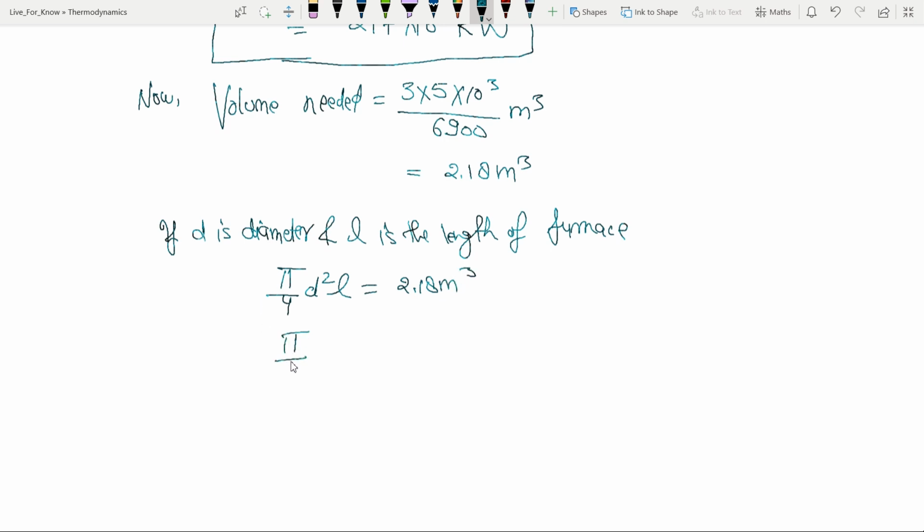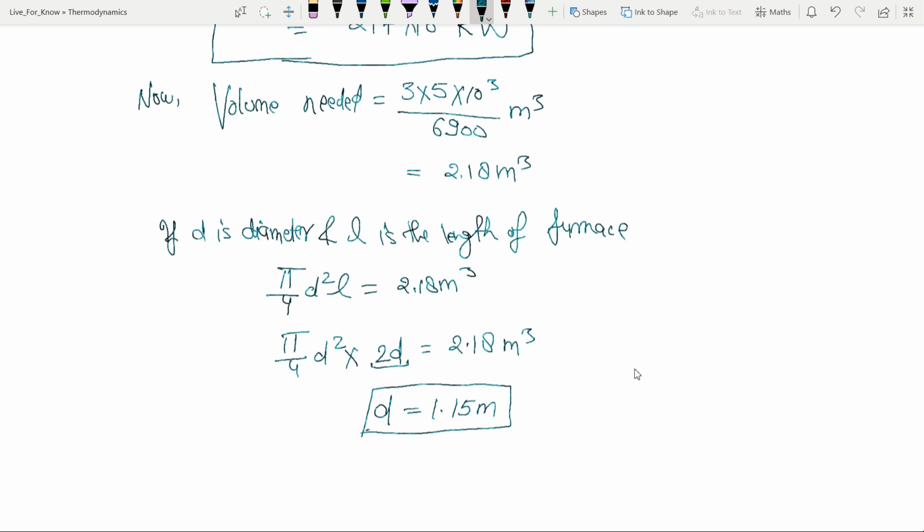Pi by 4 d square into 2d, because in the question the length to diameter ratio is 2, so we put l equal to 2d, and it is equal to 2.18 meter cube. So from here d is equal to 1.15 meter.